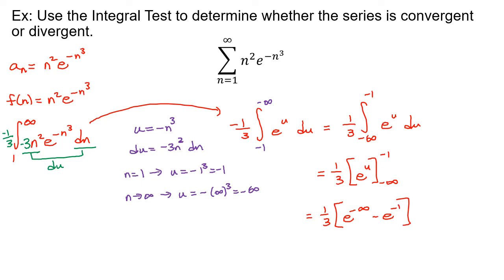Now from Cal 2, hopefully you remember that e to a negative infinity, where your power keeps getting bigger and bigger in the negative direction on an exponential, actually goes to 0. e to the negative 1 is just e to the negative 1, or 1 over e if you'd rather write it that way. So this is negative 1 over 3e.